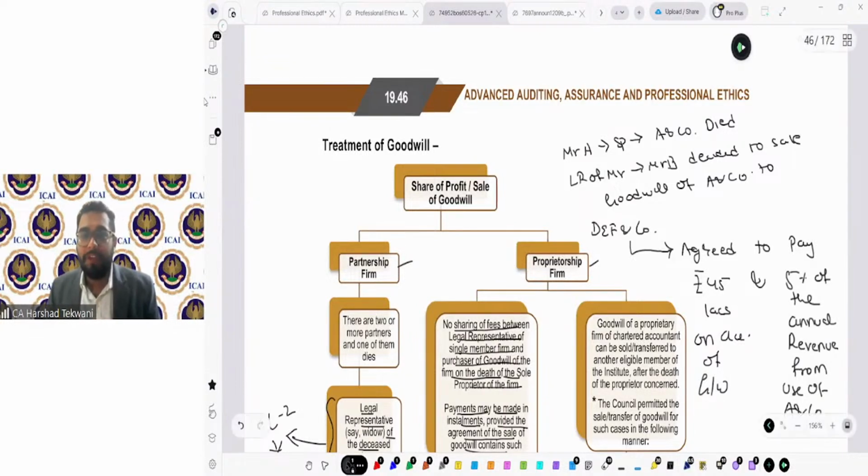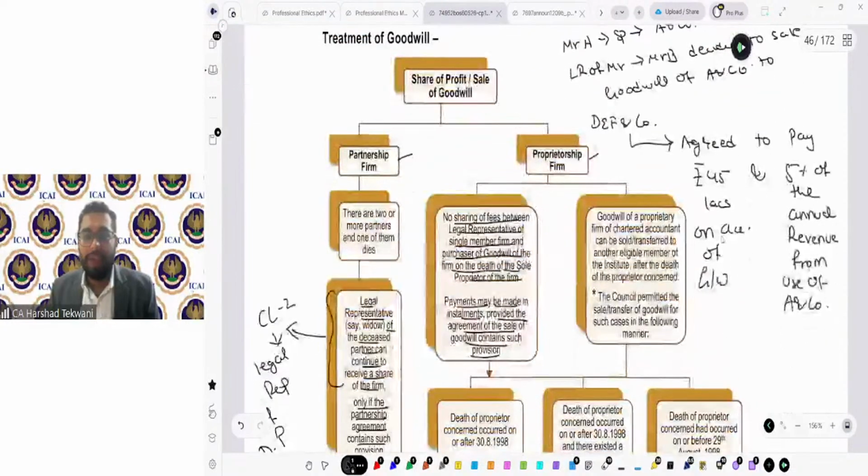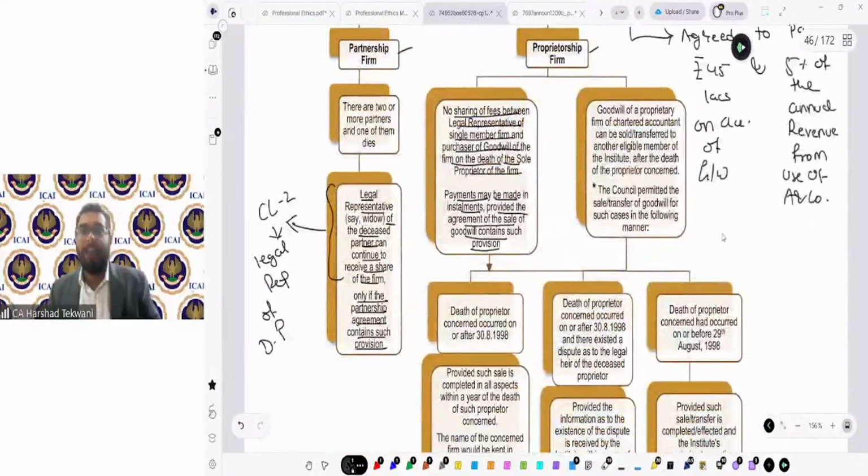So these are the two things decided that will be provided to the legal representative.